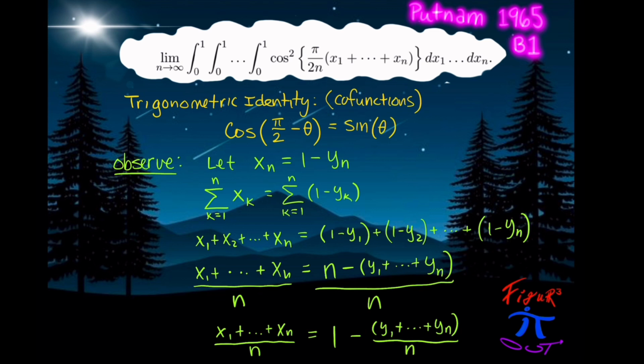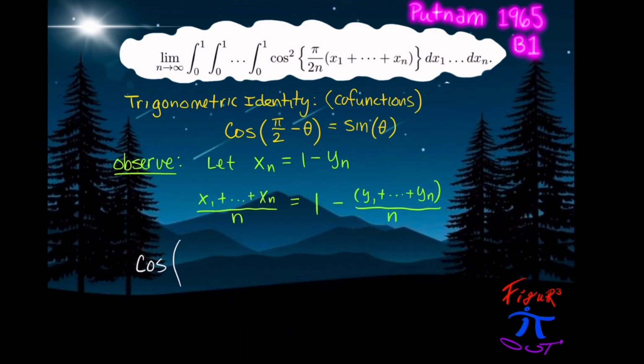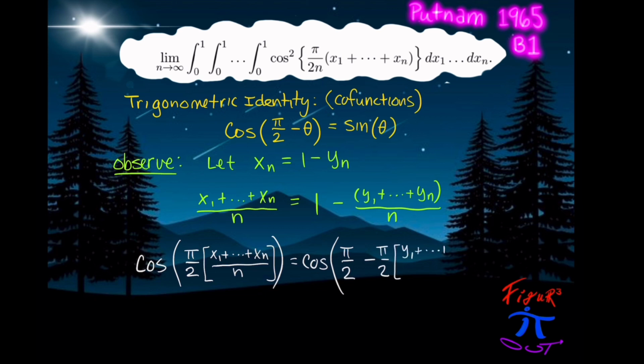Now with this, we're going to make a substitution into the cosine. So this is going to yield the substitution cosine pi over 2 times x1 plus all the way up to x sub n over n is equal to cosine of pi over 2 minus pi over 2 of y sub 1 plus all the way up to y sub n over n.